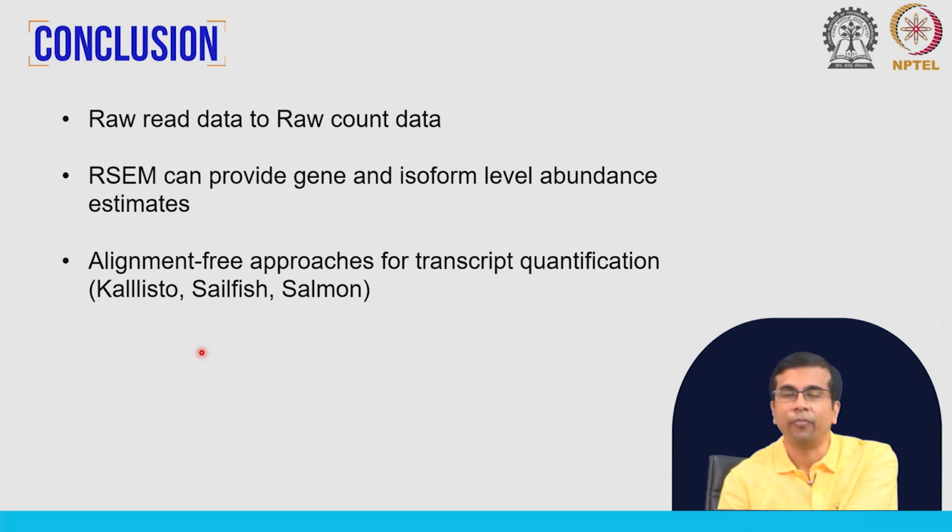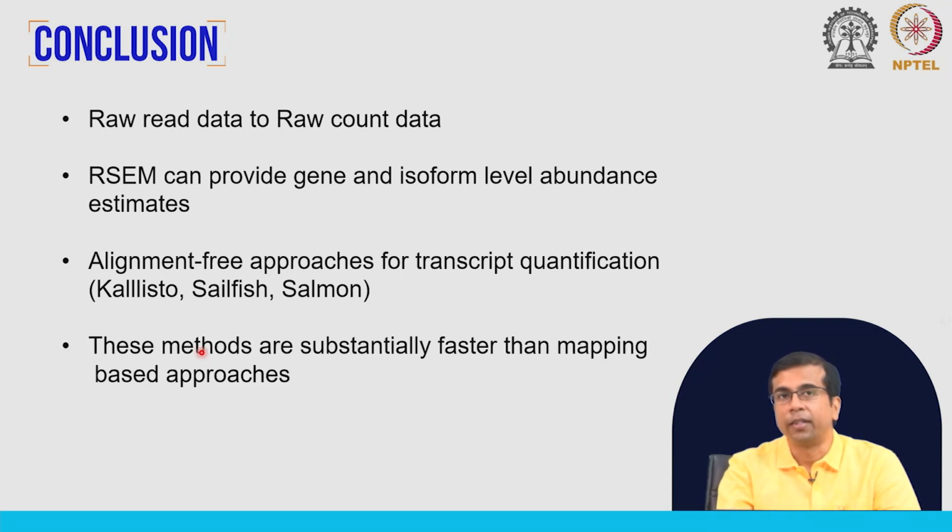This reduces time requirement, because mapping is the most time consuming process, if you imagine you have to map billions of reads. The other advantage is that you do not have to worry about sequencing errors too much, because these methods are less sensitive to those types of errors. And these methods are substantially faster than mapping approaches. That is why they are quite popular now.